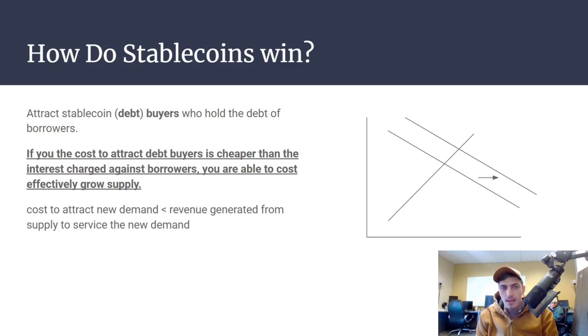And the way you grow a stablecoin is you need to attract people who want to buy and hold debt. The debt of someone who's borrowed against a CDP style vault. Because when someone buys debt, the demand curve shifts to the right, and inevitably, in order to meet this new demand, supply grows as demand grows.